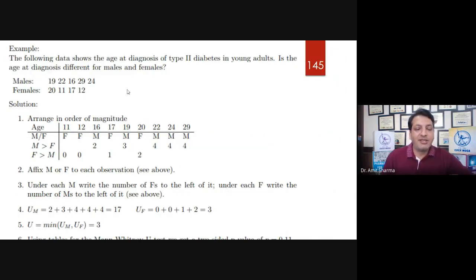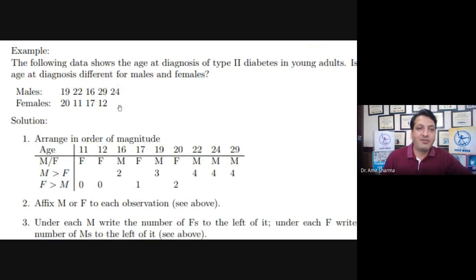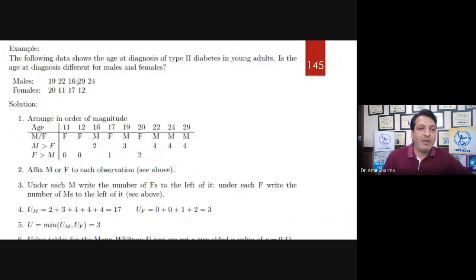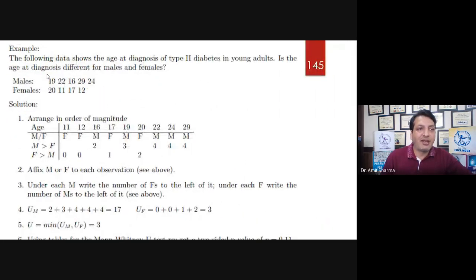So there are two different methods by which you can perform the Mann-Whitney U test. This one is called by using a magnitude. For example, one example I have taken.